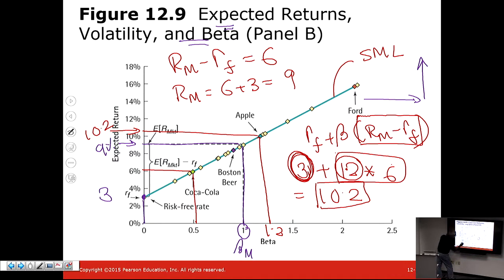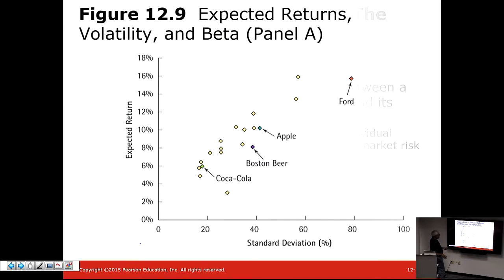And what is the beta for the Treasury? Beta is 0 at that point. That means by definition, the beta of a risk-free security is 0. It's a risk-free security. It has no systematic risk. So this gives us a visual depiction of what the capital asset pricing model actually means.